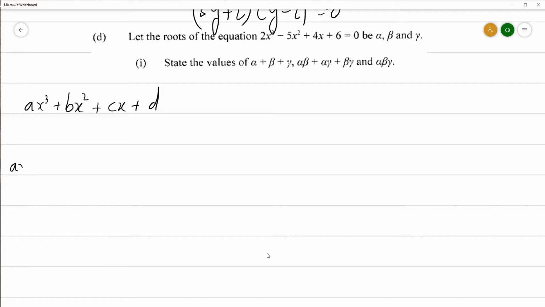The x cubed term remains unchanged, ax cubed, but your b term is really minus a times alpha plus beta plus gamma, x squared, plus e.